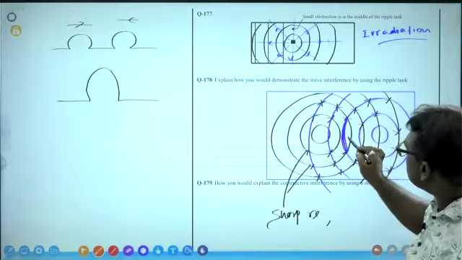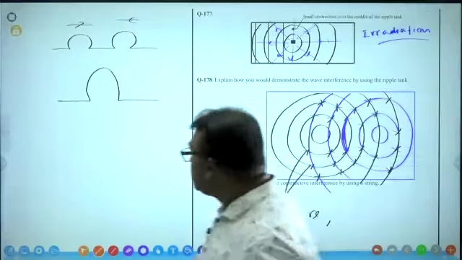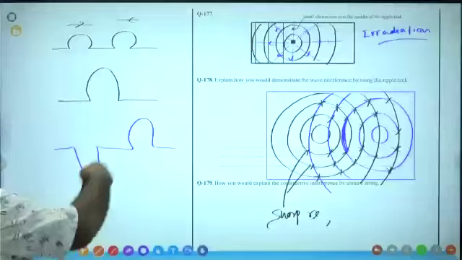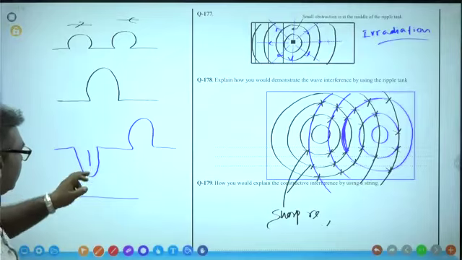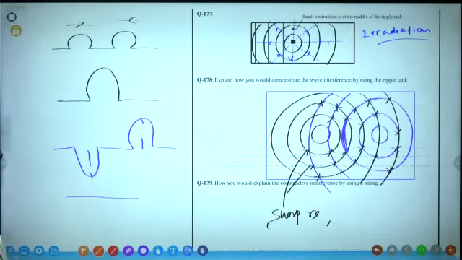No, between two crests means the trough location. Trough and crest. Trough like this, crest right here. When they overlap, we don't see the wave if they have the same amplitude. This amplitude and this amplitude being the same, the amplitude becomes 0. That's it.